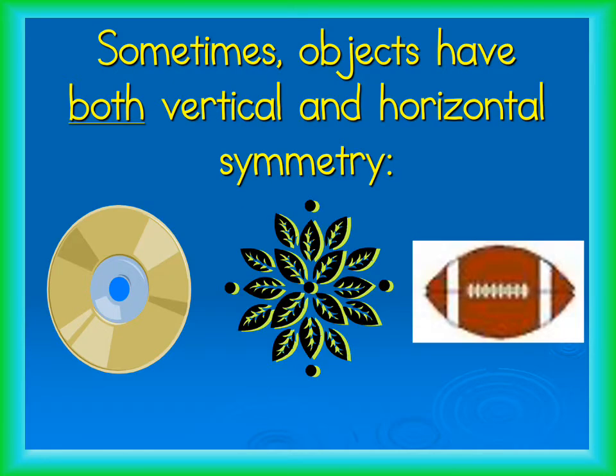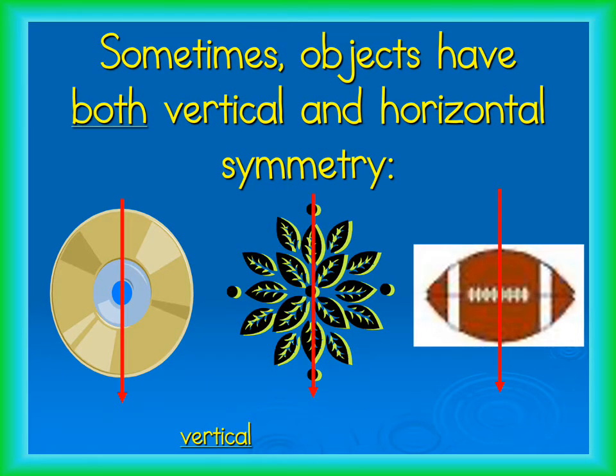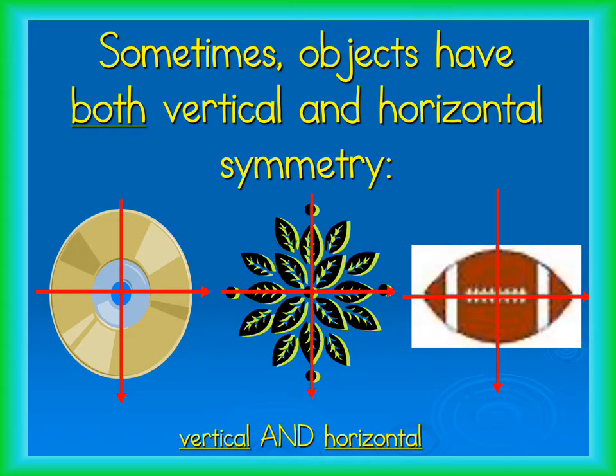Some objects have both vertical and horizontal symmetry. See if you can picture the vertical and horizontal symmetry in these objects. We will start with the vertical. Did you see those? Now we will add the horizontal.